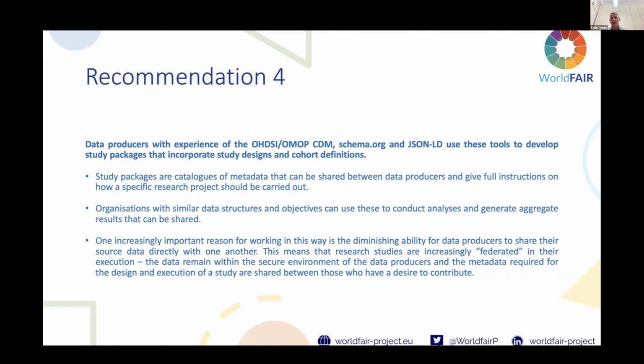Increasingly, there are directives and ministries of health who do not permit data to leave the very, very secure environments in which it is stored or where it is generated. So what we were able to do 20 years ago in terms of sharing anonymized data with institutions such as the LSHTM is much less of an option now.